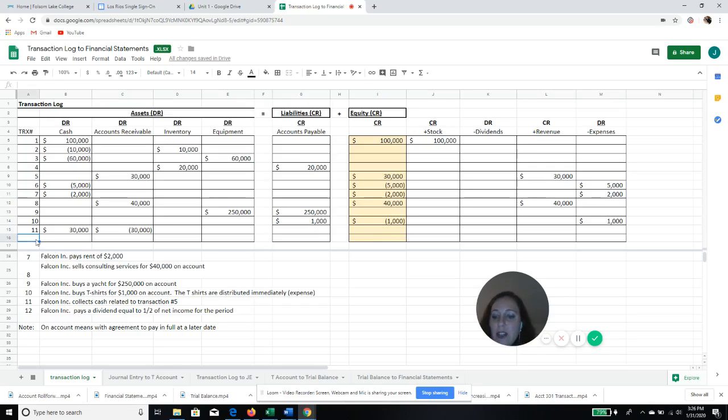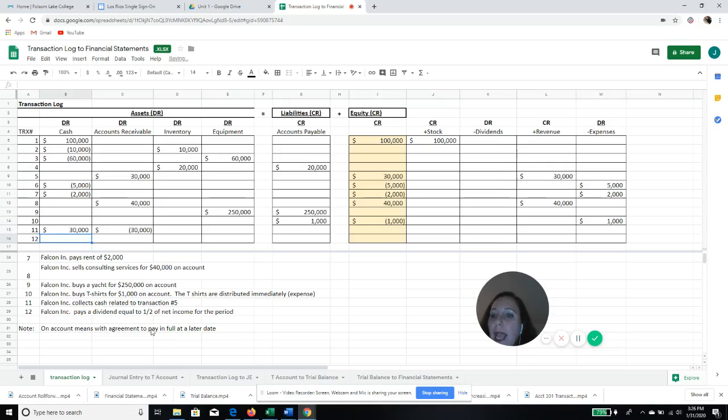Finally, transaction number 12. And we are going to pay a dividend equal to 1/2 of net income for the period. Okay, so before we can determine what we're going to increase and decrease, we need to determine the amount of net income. So net income equals revenue minus expenses. So if I go down here, my revenue is 40,000 plus 30,000.